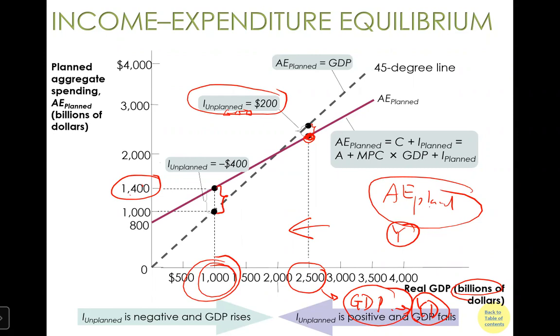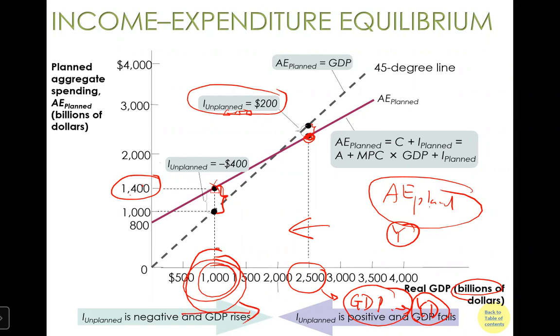This existence of negative unplanned inventory sends the business a signal, sends the economy a signal. We have underestimated. We could not keep up the pace with the demand. To resolve the issue, to correct our mistake, we need to move to the right-hand side.